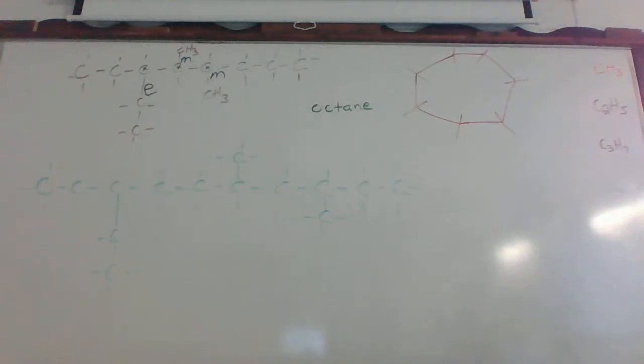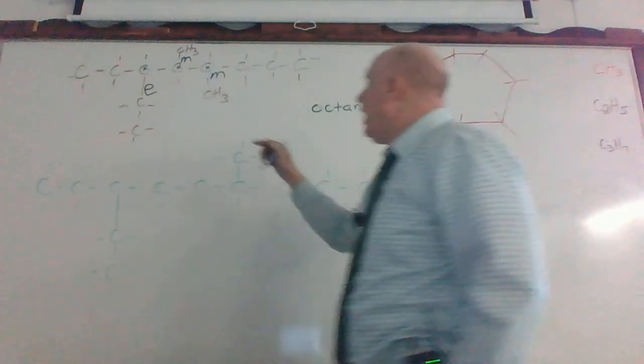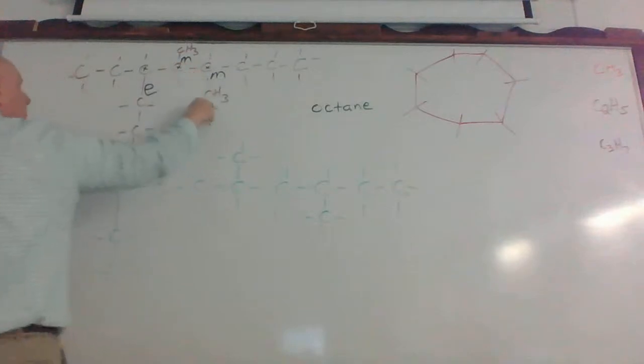But there are exceptions. Exceptions to the rule would be the prefixes that you use, because how do you denote two methyl groups? Dimethyl, and the numbers that they're associated with.